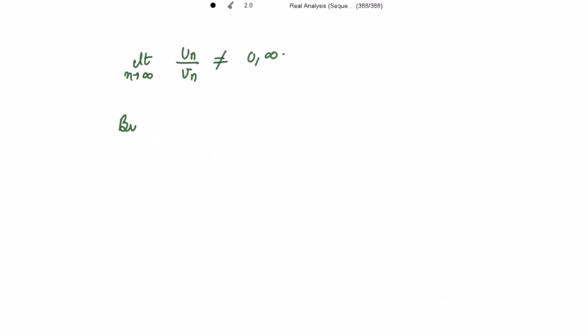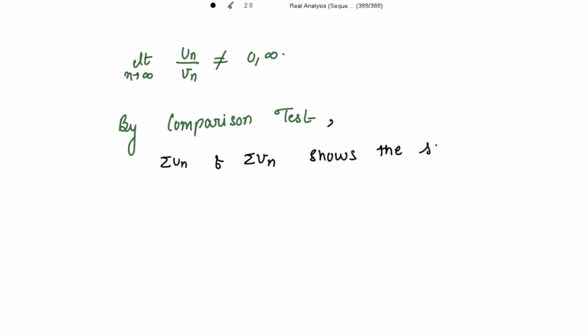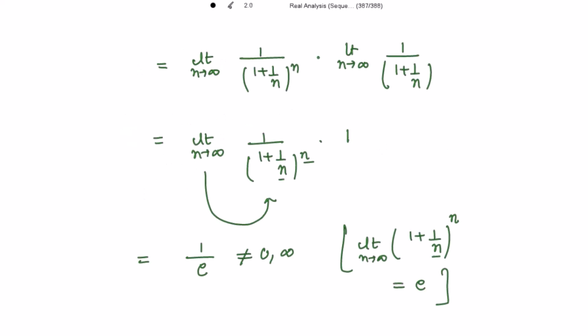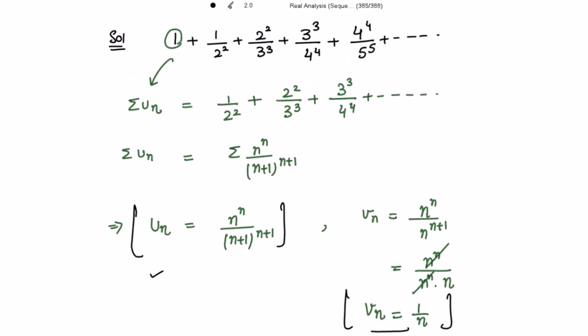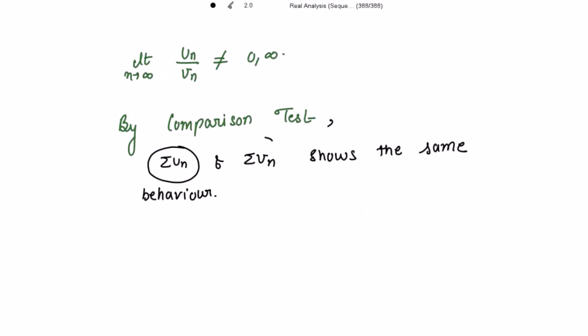So by comparison test, summation un and summation vn show the same behavior. We need to check the convergence of summation un, because we have taken the series to be summation un. By comparison test, these two series show the same behavior.